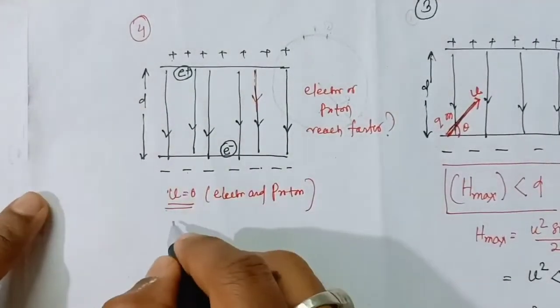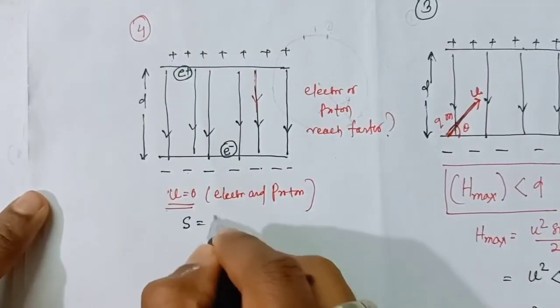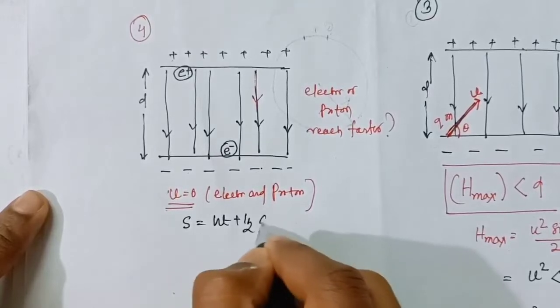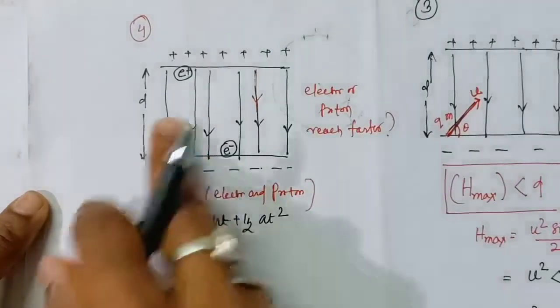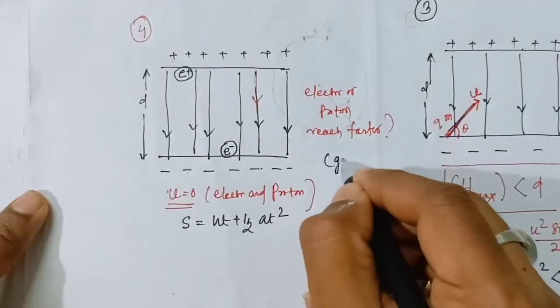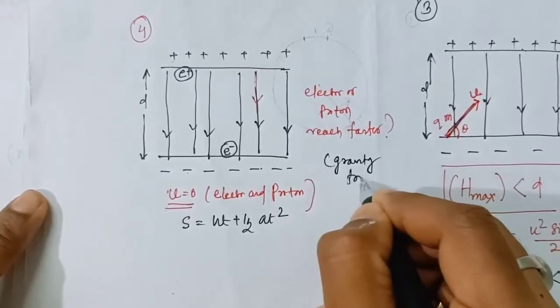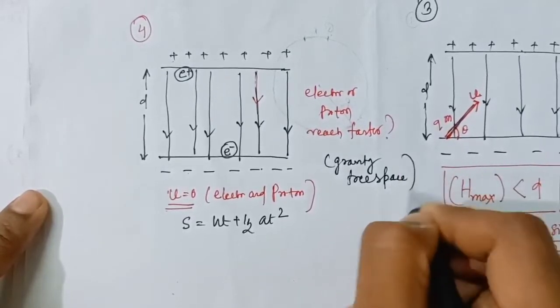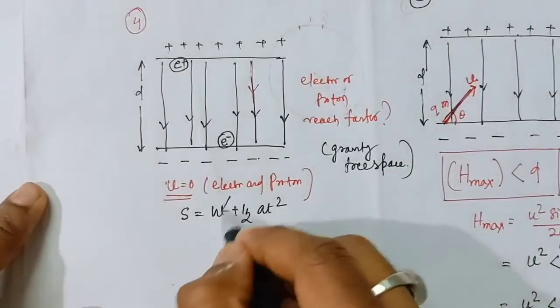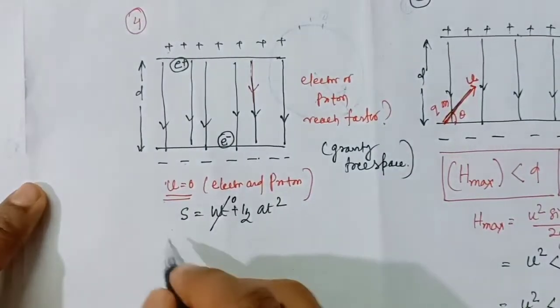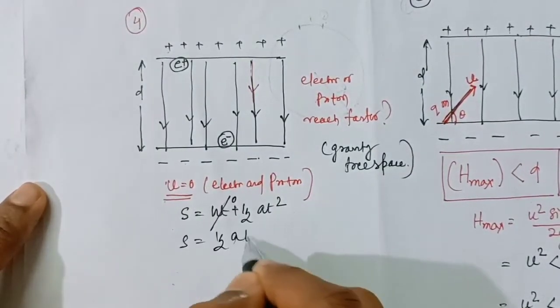I can use the formula S equals ut plus half a t square, and everything is in gravity free space, so we are not taking gravity into account. Initially both are released, so u is 0. So S equals half a t square.